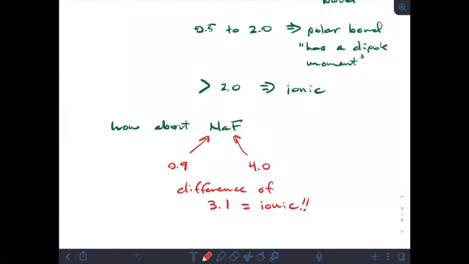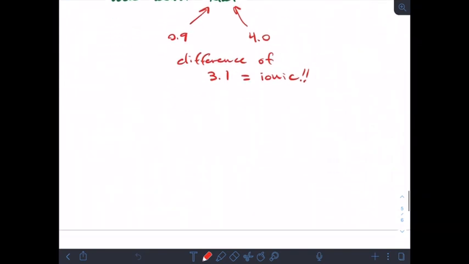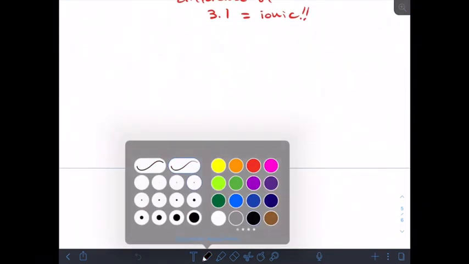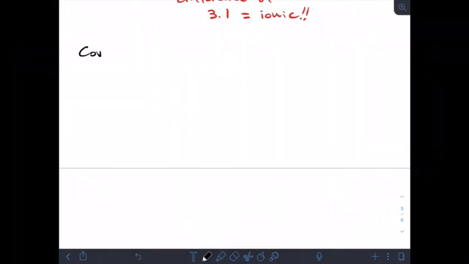Right. So we've spent a lot of time talking about polarity and about ionic bonds, so let's talk about covalent bonds now. That's a big part of this chapter, covalent bonding.